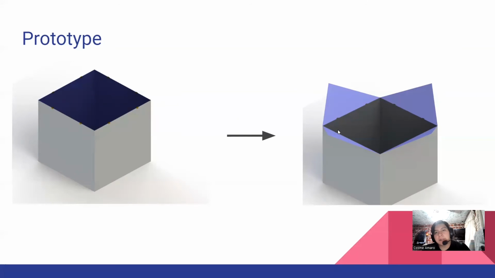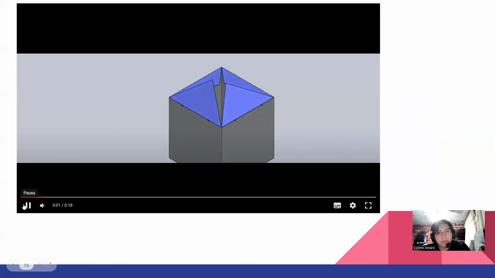Then when it gets to a certain level, the sensor is going to give a signal in order to close the doors and evaporate all the water that is inside, leaving the toxic substances at the bottom, and then we're going to filter those substances. And here's a short video of how the mechanism is going to open and close.